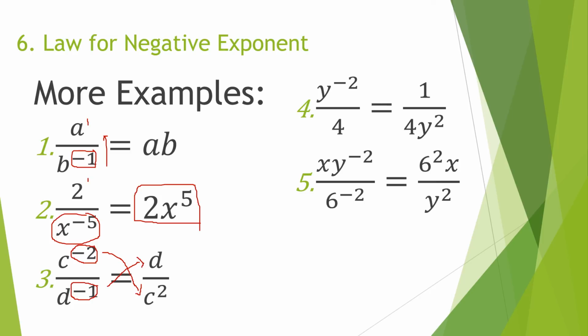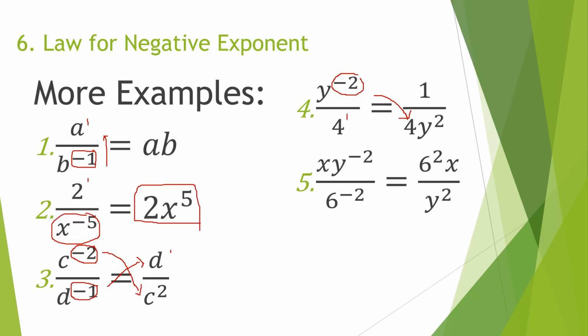So it is d raised to 1 over c squared, or simply d over c squared. For example 4, the exponent of y is negative. That means that it moves to the denominator. And the exponent of 4 is 1, so it stays in the denominator. That's why y raised to negative 2 over 4 is equal to 1 over 4y squared.